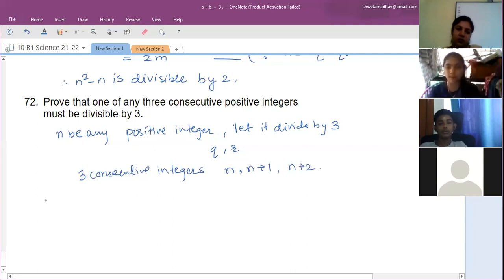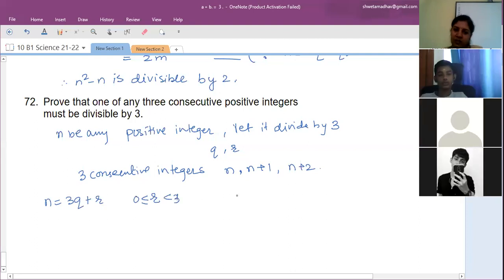So first, n is equal to 3q plus r, where r is greater than or equal to 0 but less than 3. So possible values of r are 0 or 1 or 2. So these are the 3 possible values of remainder.